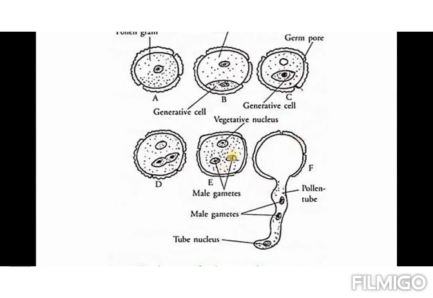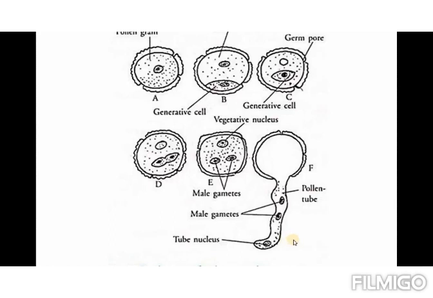So these microspores will go towards the stigma, and as soon as this intine will come out through the germ pore, it will go in the style.